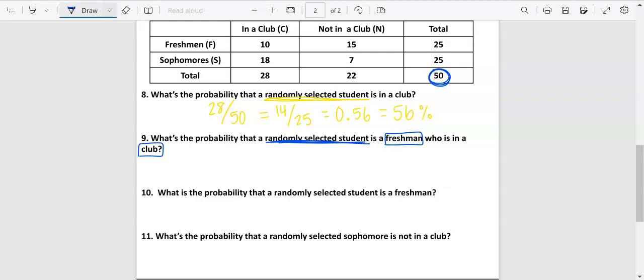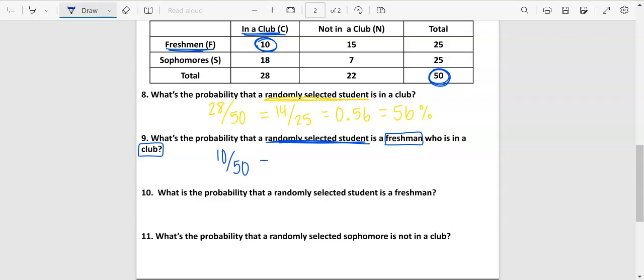So I want someone who has both characteristics, freshman and in a club. So I'm going to go back to my in a club category, find my freshman, and see how many fit into both, and that is going to be 10. So of these 50 students, 10 of them are freshmen who are in a club. So that is going to be 10 out of 50.